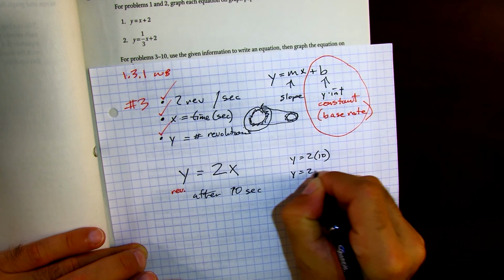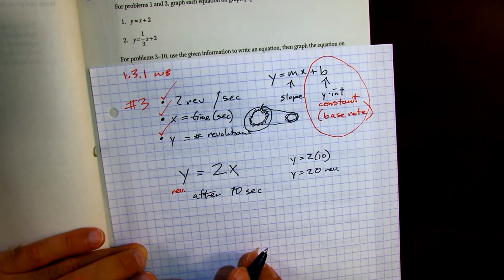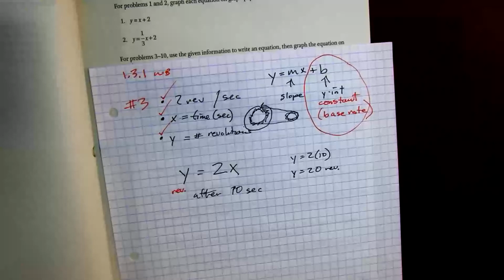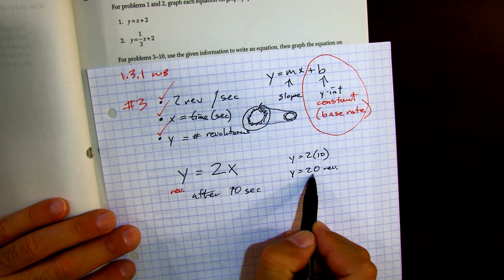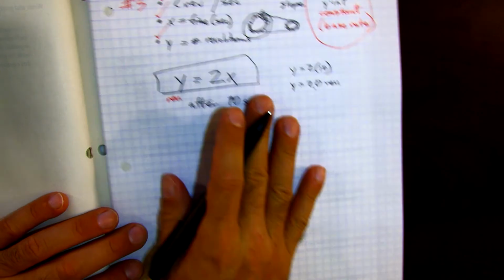We would get 20 revolutions total. If you revolve, you turn twice in 1 second. If you're going over 10 seconds, then you revolve 20 times. So this is our equation that now we just have to graph.